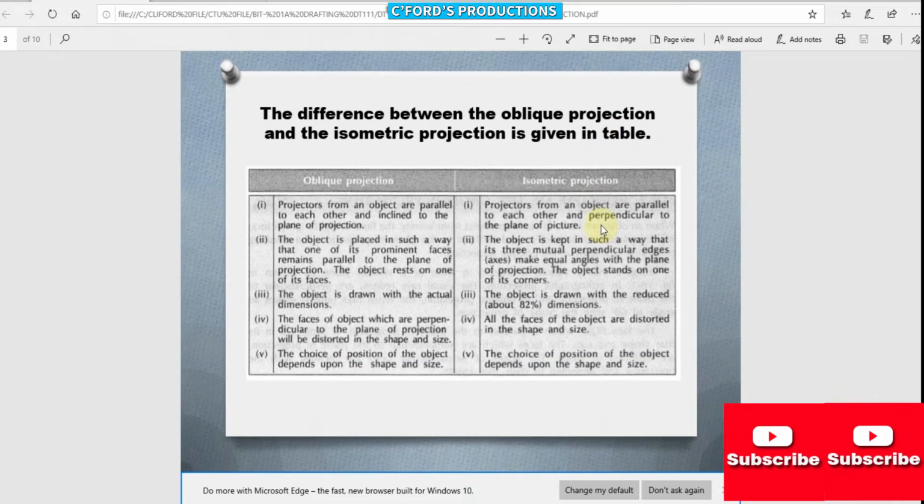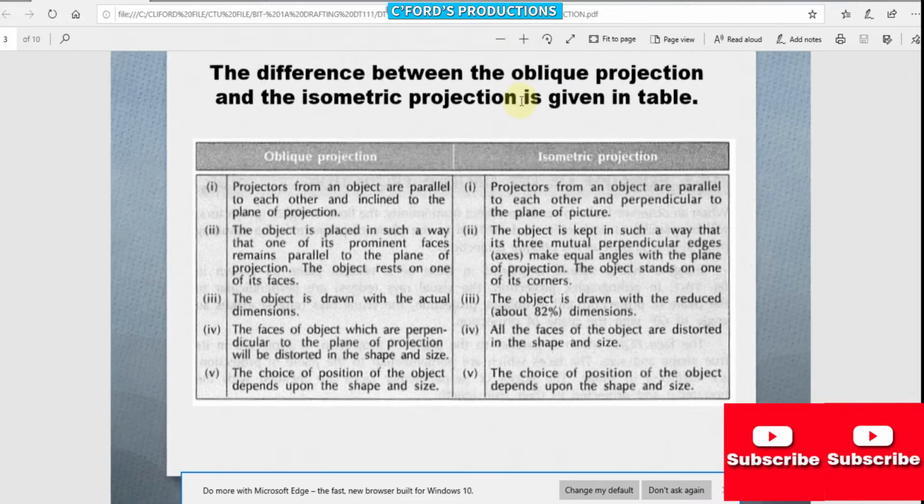The difference between the oblique projection and the isometric projection. Here is the table. In oblique projection, first, projectors from an object are parallel to each other and inclined to the plane of projection.